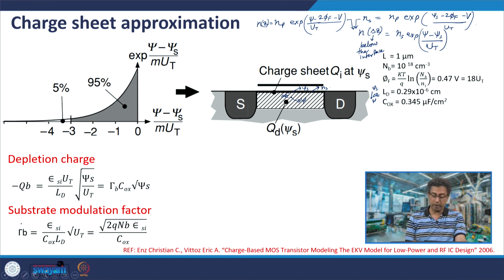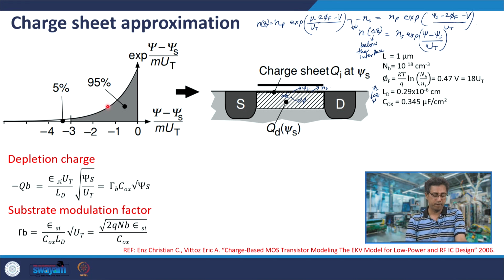Now let us look at it more carefully. We will also verify this with some example calculations. As you reduce the potential from here to chi, if chi's value is minus 1, that means minus ut, which is 26 millivolt below the interface potential chi s. At 26 millivolt below chi s, the inversion charge density is 1 by E if m is 1.